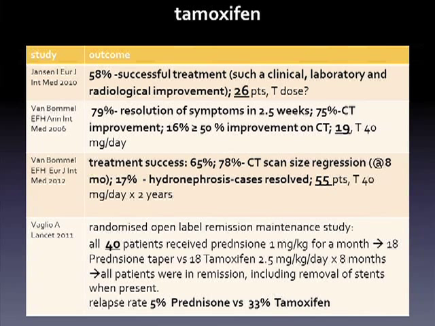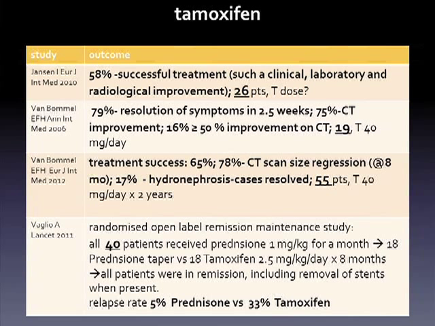So it's not like we had real clear guidelines on what improvement meant. Of course, they described it in their studies. For instance, in this study on 26 patients, 58% had success in clinical, lab, and radiological improvement.